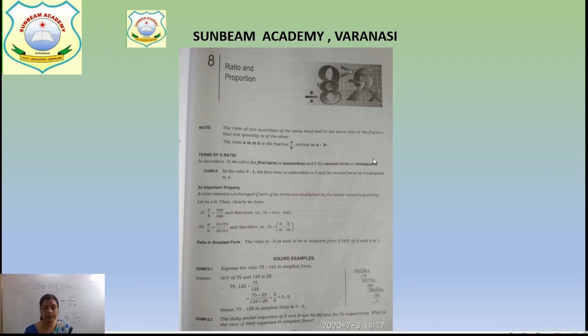Children, non-zero we have to add, I forgot it, because if you multiply with 0, then the result will change. So in the first portion, a by b is equal to ma by mb; here we multiplied m in the numerator and the denominator. In the second part, a by b is our ratio, and if you divide both numerator and denominator by m, it will always be equal to the given ratio.